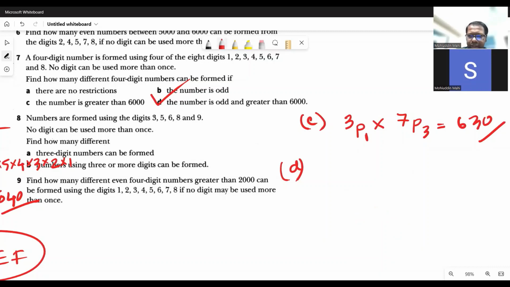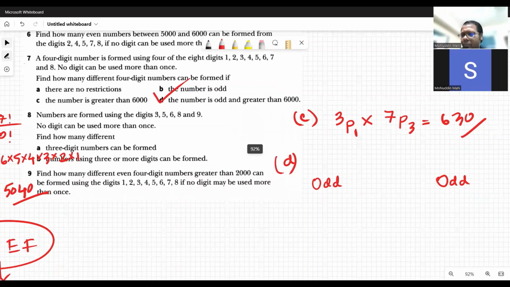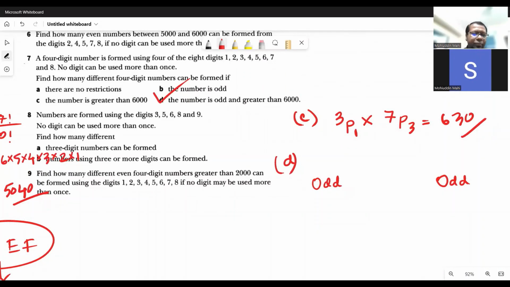At first we will consider the first digit will be odd and the last digit will also be an odd number. The condition was the number has to be greater than 6,000 and it also has to be an odd number.